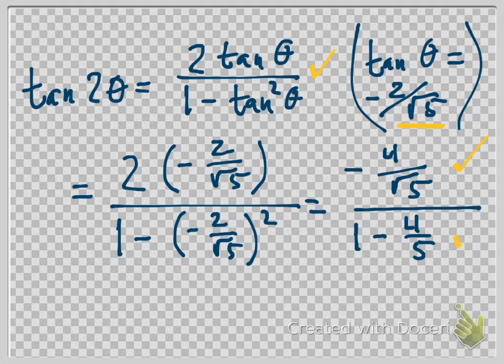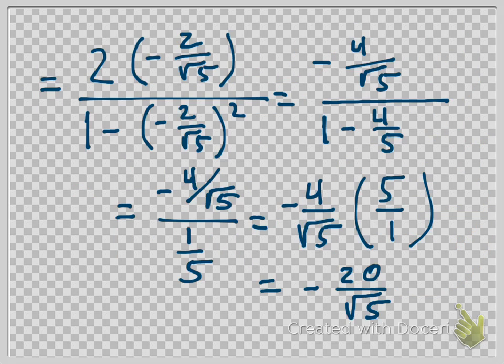And so our big numerator up here is negative 4 over root 5, and our denominator is 1 minus 4/5. Well, we can figure out what 1 minus 4/5 is. That's pretty easy to figure out. That's just 1/5. So our fraction, as we try to simplify it a little bit, is negative 4 over root 5 divided by 1/5, and I can simplify that by just taking the top fraction, negative 4 over root 5, and multiplying by the reciprocal of the bottom fraction.